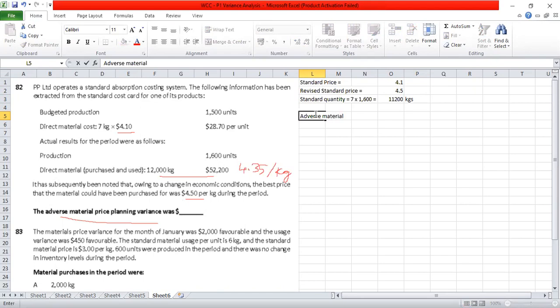Material price planning variance is equal to 0.40 into total 11,200 kgs.